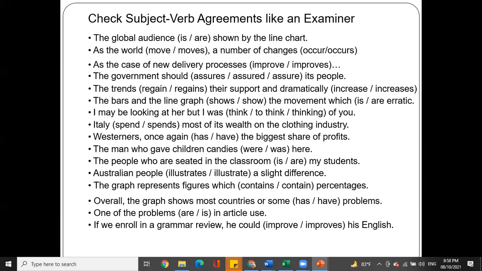If we enroll in a grammar review, he could improve his English. Which one is it? Improve, or improves? I can't decide. But for me, it's improves.